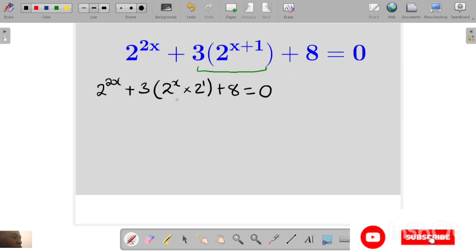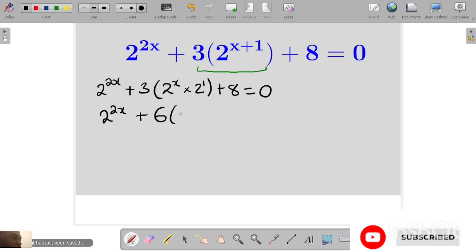Now when you look at this, 2 to the 1 is just the same as 2. Then 2 to the 1 times 3, we are going to have 2 to the 2x plus 2 times 3, which is 6.